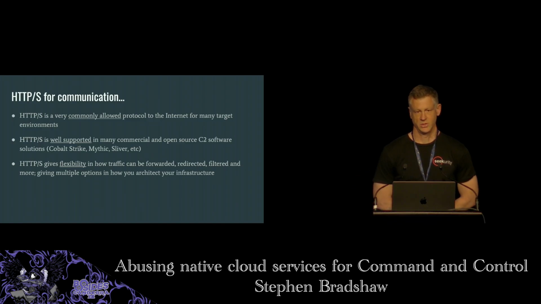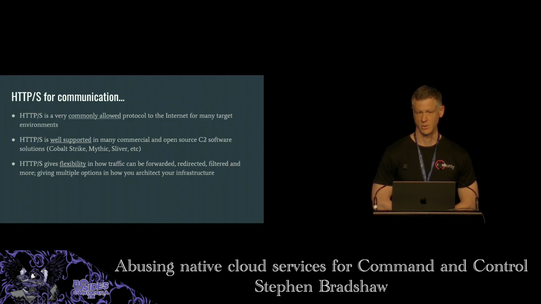I've mentioned that you can use a number of different communication protocols to talk between the client and the server. In this talk I'm going to be talking about using HTTP and HTTPS, and there are a number of reasons for this. First of all, HTTP is really commonly allowed and commonly used, allowed in corporate environments and used because lots of people browse the web. It's very common traffic. Second, HTTP and HTTPS are really well supported in many commercial and open source C2 software solutions.